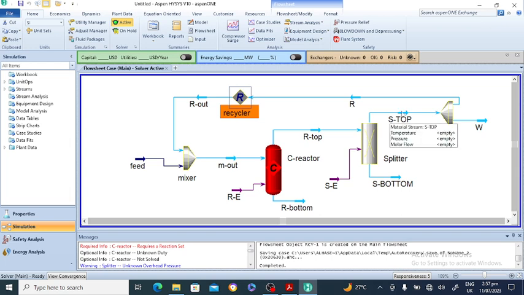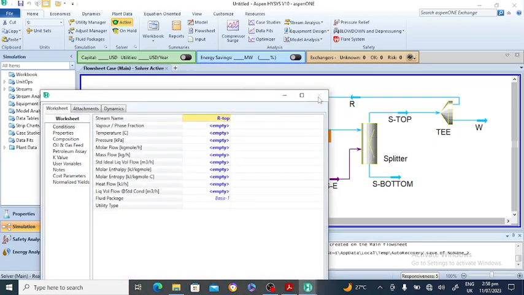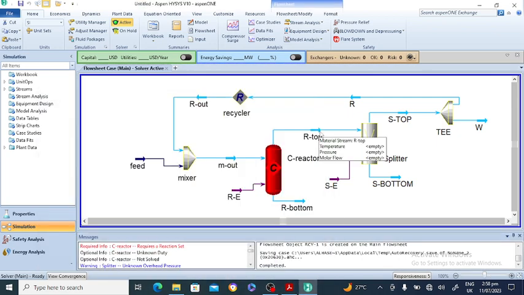So I am putting this top temperature 25 degrees centigrade, and this bottom is also 25 degrees centigrade, and this should also be 25 degrees centigrade.